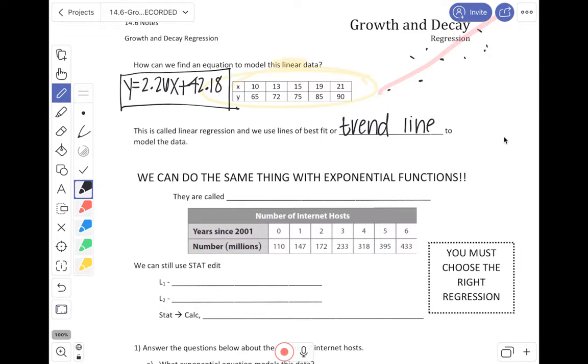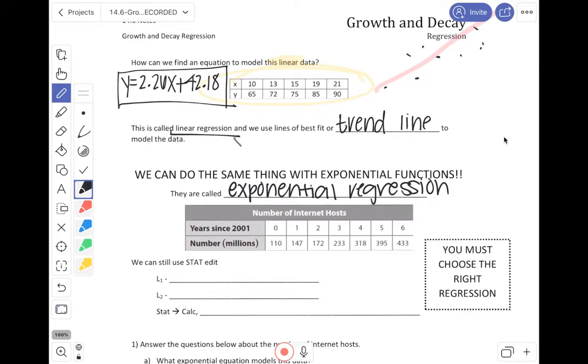It's called, you guessed it, exponential regression instead of linear regression. So instead of having it in the form y equals mx plus b, now we're going to have it in the form y equals a times b to the x.